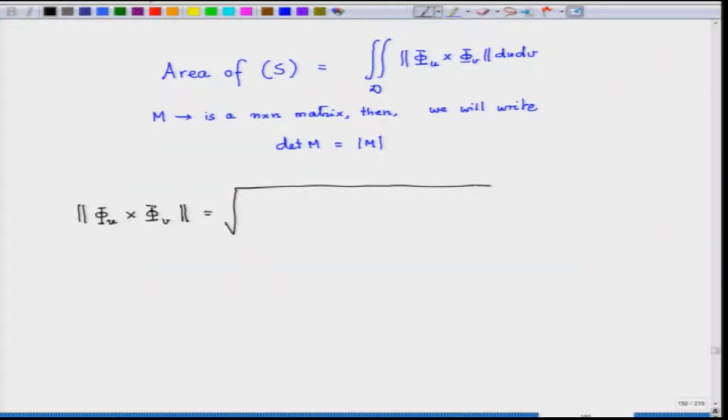The expression that it turns out to be is the determinant of the Jacobian matrix del(y,z) over del(u,v), squared, plus the determinant of del(x,z) over del(u,v), squared, plus the determinant of del(x,y) over del(u,v), take the determinant and square the value.